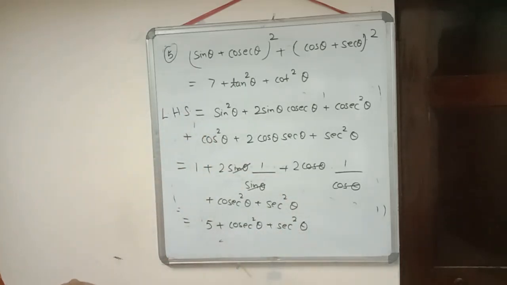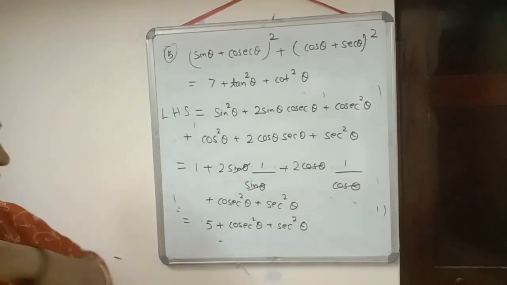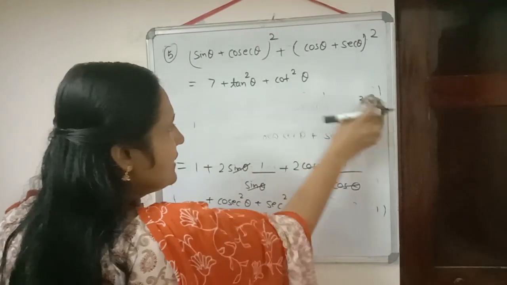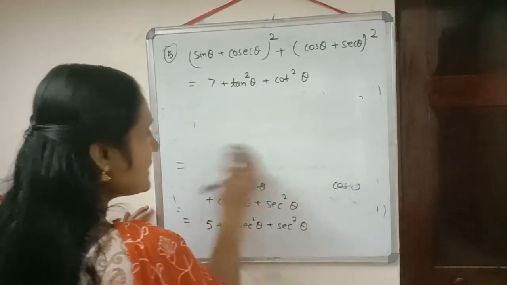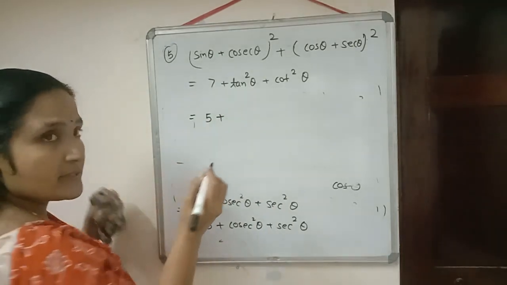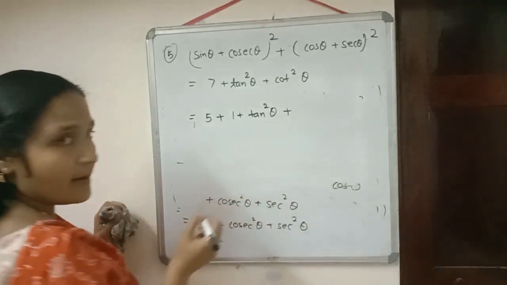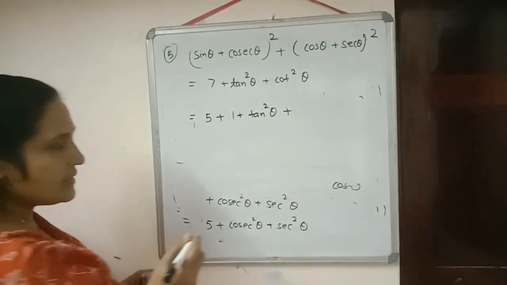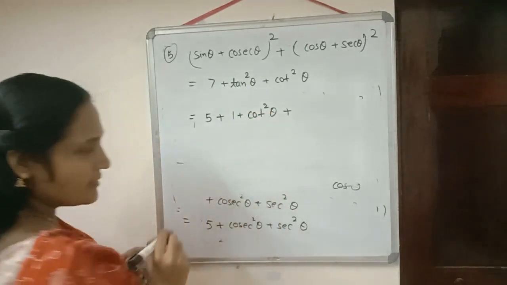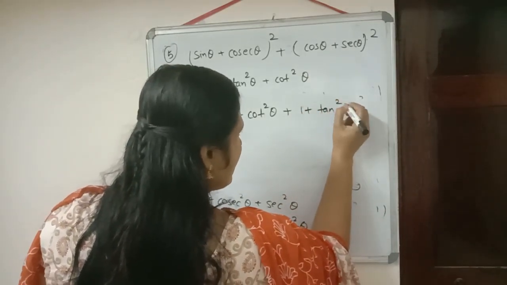Now just to check what we need in the proof. In the proof we want the term related to tan and cot there. So just to check how we can rewrite that cosec square theta. Yes, it can be written as 1 plus cot square theta. So change it now. 5 plus cosec square theta can be written as 1 plus cot square theta plus, similarly, sec square theta can be written as 1 plus tan square theta.